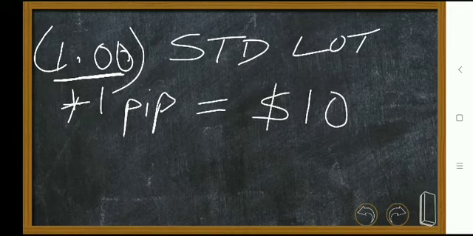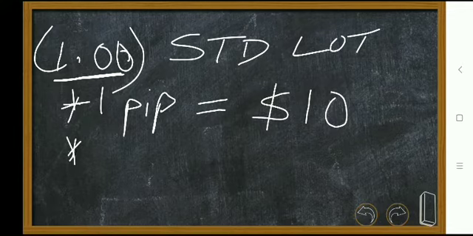It's a difference according to the weight of a currency pair, but in general the number should be around $10. So just know that one pip will be equivalent to $10 for one standard lot.